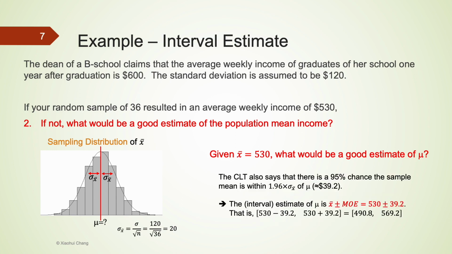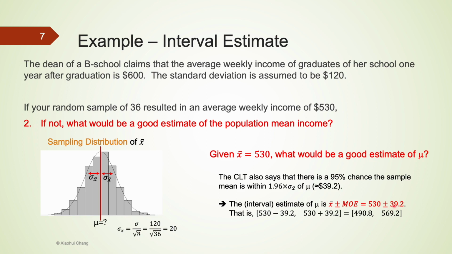We also know that, according to the central limit theorem, there is about 95% chance that a sample mean is within about 2 standard errors of the population mean. To be more precise, it's 1.96. An interval estimate of the population mean would be an interval that is centered at a point estimate, 530, plus minus about 2 standard errors.